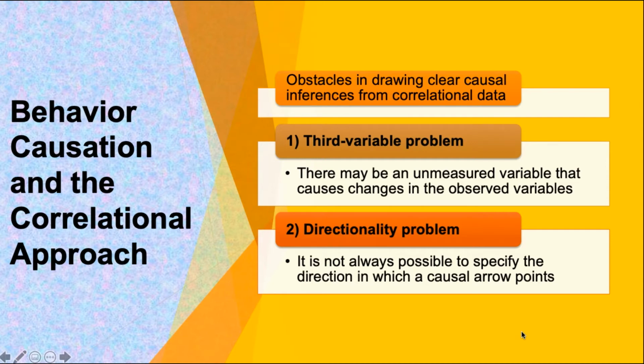And here we talk about the directionality problem. The second reason, as I say, why it is hazardous to draw causal inferences from correlational data is that even when a direct causal relationship exists, the direction of causality is sometimes difficult to determine. This difficulty is known as the directionality problem. In our example of violent video games, we want to conclude that playing violent video games causes bullying.